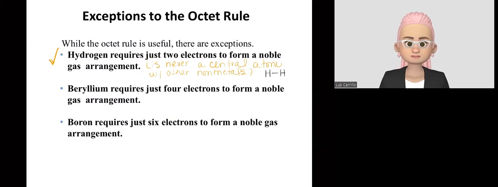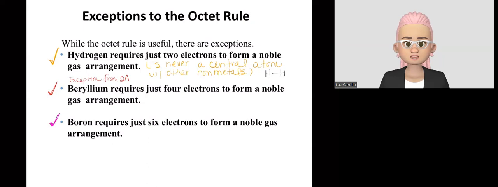Beryllium, even though it lives in 2A, actually forms covalent compounds. Moreover, it requires only 4 electrons to form a noble gas arrangement. Lastly, boron.